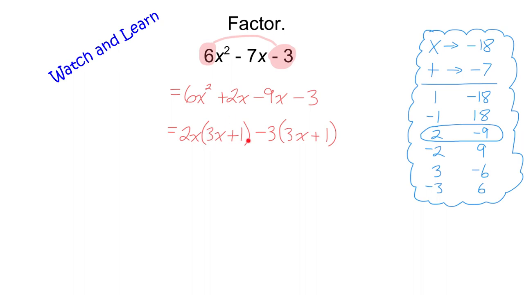Notice that at this point, these two factors should be the same, and if they're not, if you're different by plus or minus signs, then you just need to change the sign on your common factor so that this part is the same as this. So, because these are the same, they are the greatest common factor, 3x plus 1, and we're left with 2x minus 3 as the other factor.